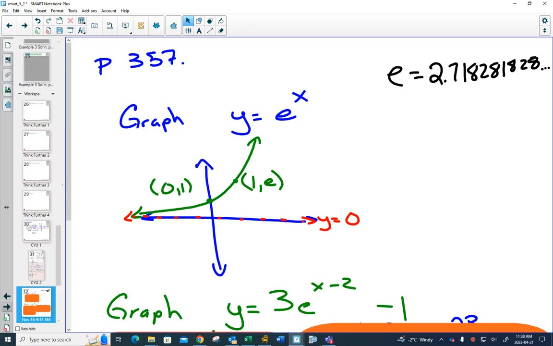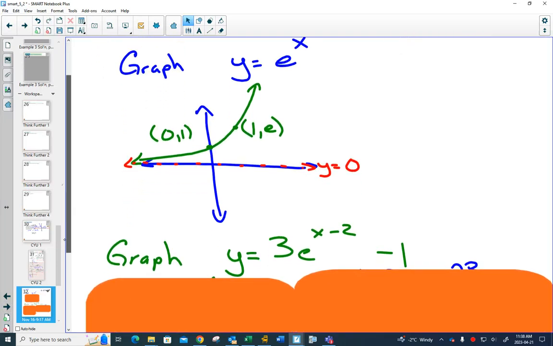It still would have 0, 1, still would have an asymptote at y equals 0. And we'd also be able to graph all of our transformations unit with E.